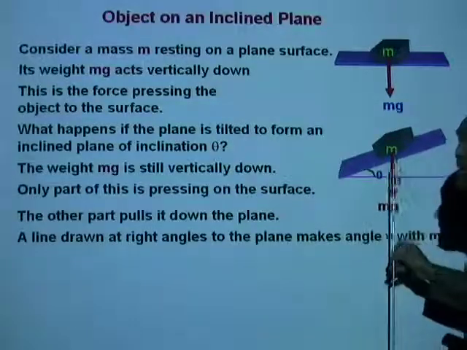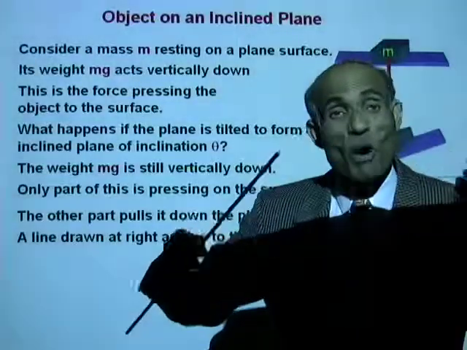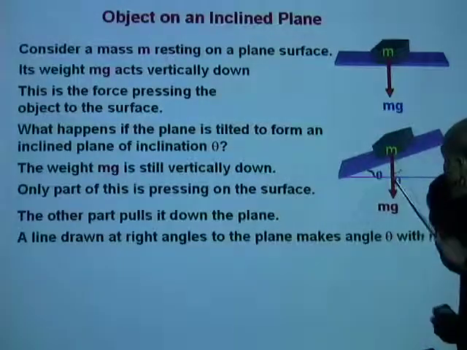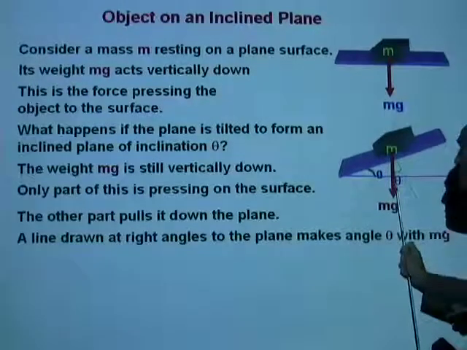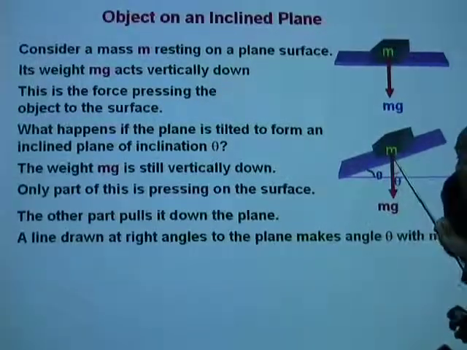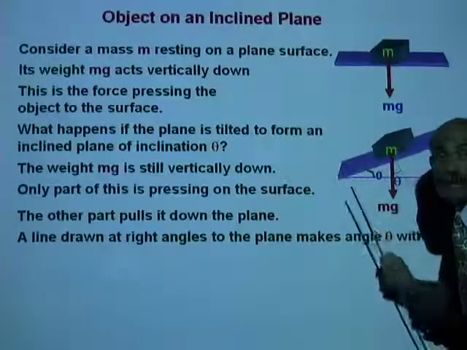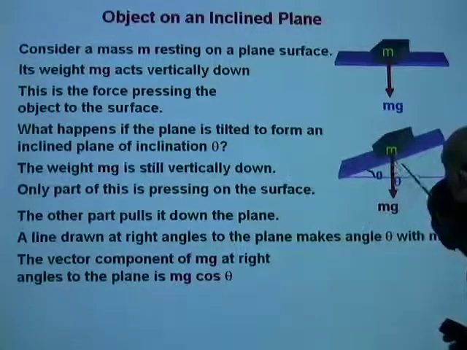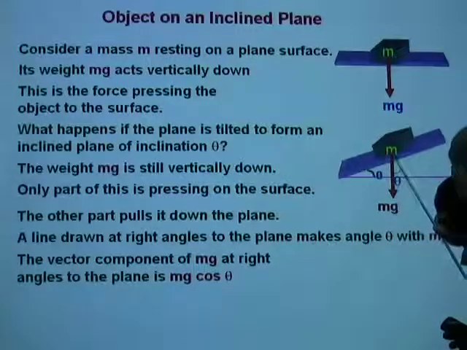Okay, in that case you tell me, you know how to find the components of a vector. Here we have a vector that makes an angle theta with this line. Now this vector has a component along that line and a component along the plane. Can you tell me what those components are? What is the component of this weight mg at right angles to the plane, along this line?